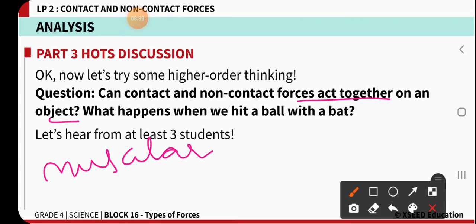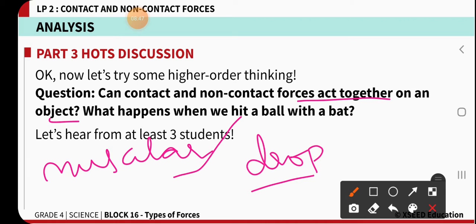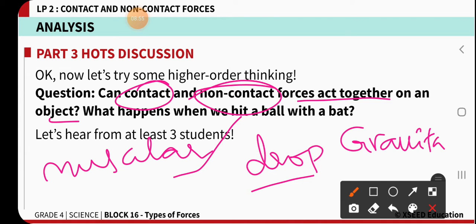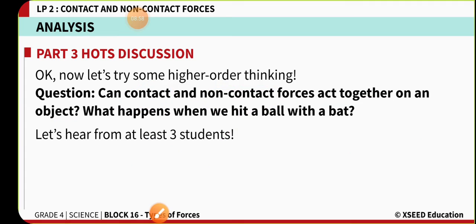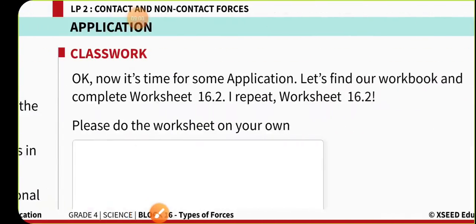Now that ball which is hit will fly in the air for some time and then drop down on the earth. That means muscular force is acting and on the same ball a gravitational force is acting. So contact and non-contact forces can act together on an object.